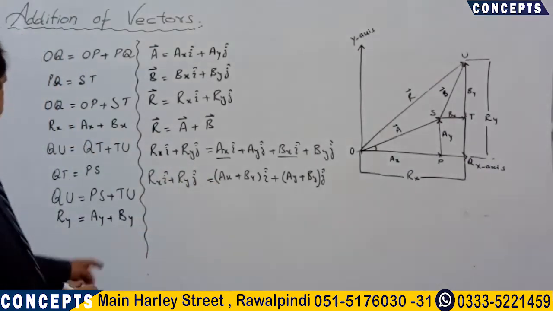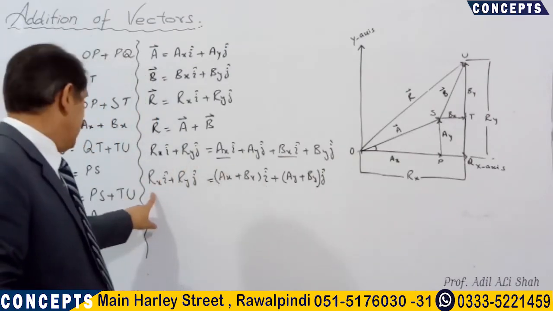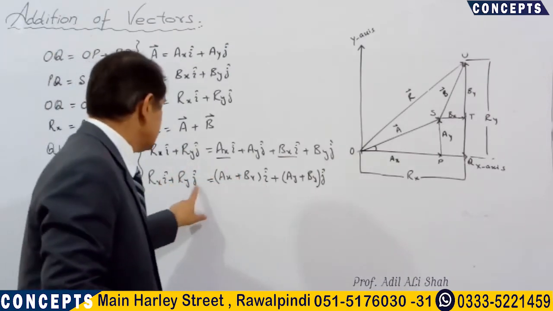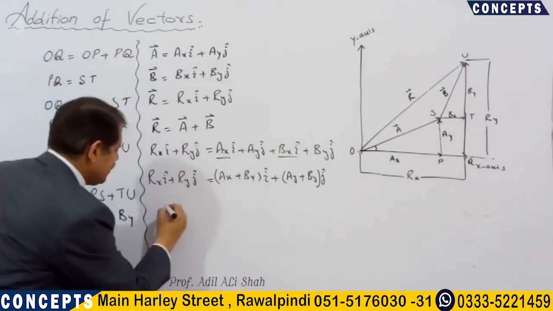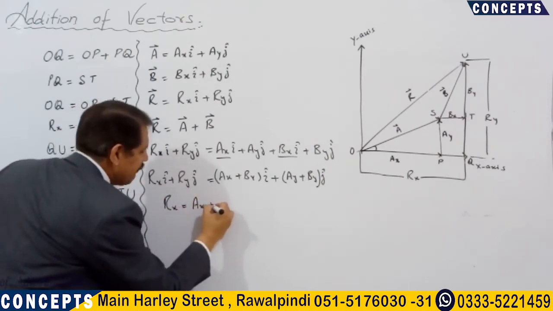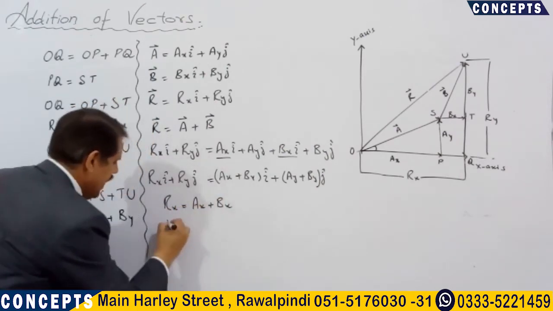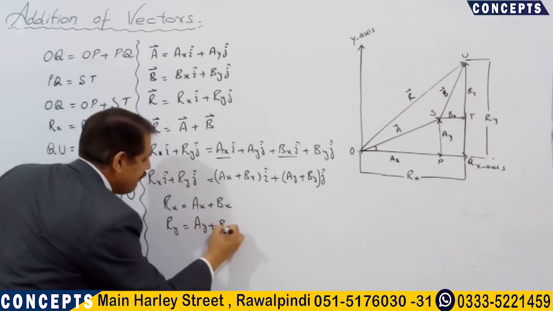Now the coefficients of i would be equal and the coefficients of j would be equal to each other. So comparing coefficients, we can write Rx is equal to Ax plus Bx and Ry is equal to Ay plus By.